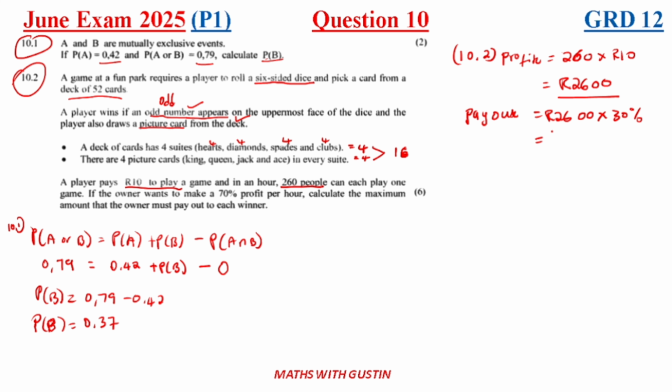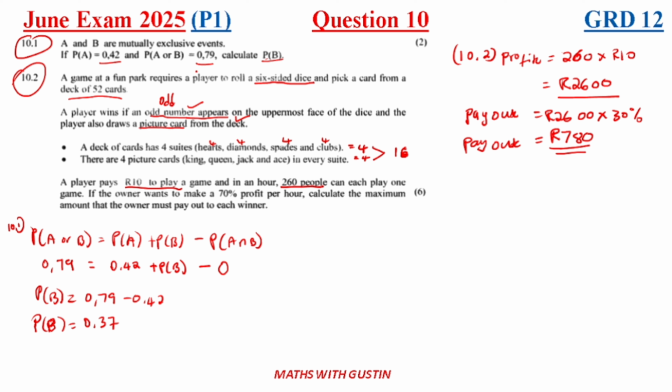If I check on my calculator, it's giving me the total amount of money that he needs to pay out to the winners. So this is how much he's going to take out to pay the winners. So now, however, we need to find the number of winners. Okay. Now we must find the number of winners. All right.